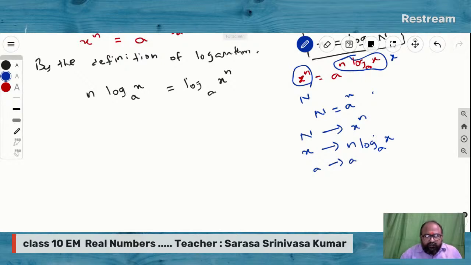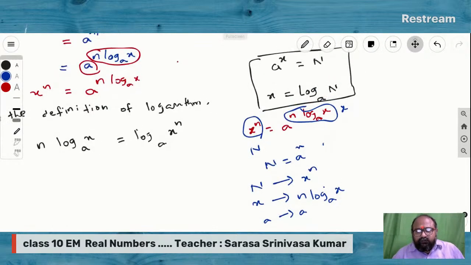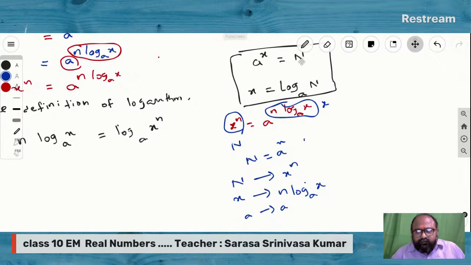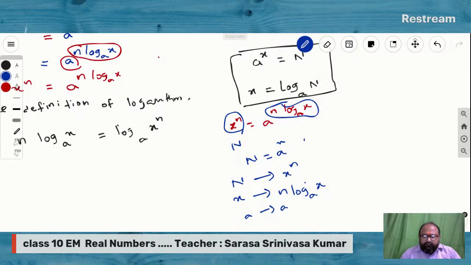So let us compare this with the given formula. a power x equal to n implies and is implied by x equal to log n base a. Now actually here we have x power n equal to a power n log x base a. So by comparing with this a power x equal to n, in place of x power n we can write n, and this is equal to a power x.